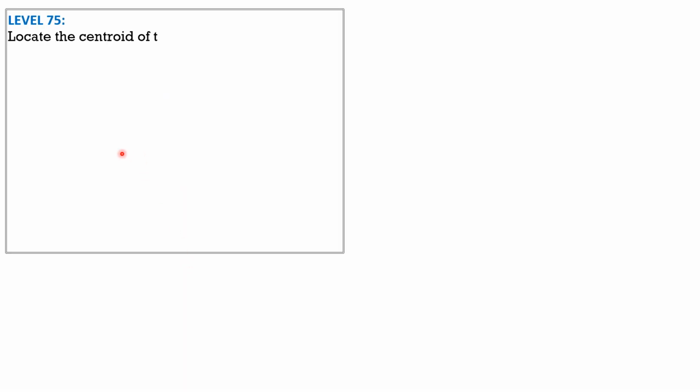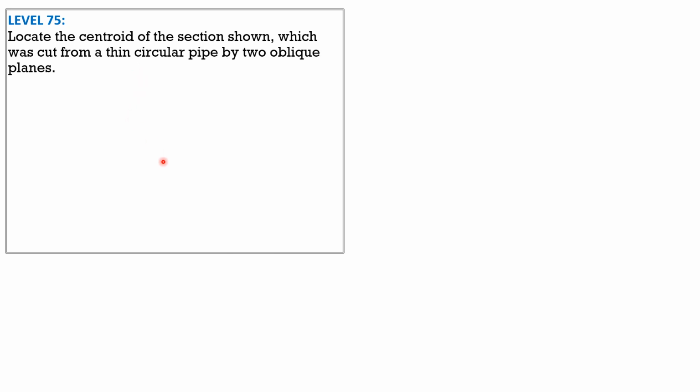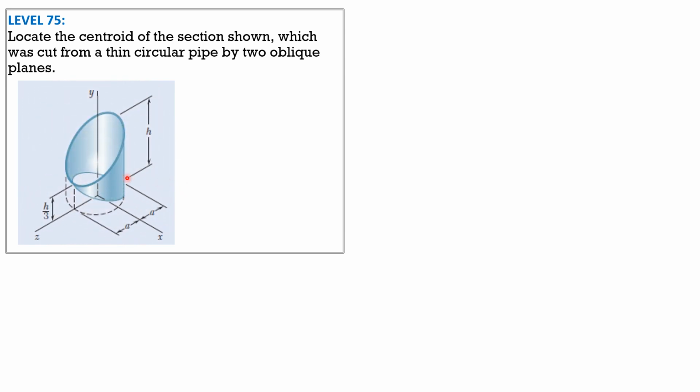Problem 75: locate the centroid of the section shown, which was cut from a thin circular pipe by two oblique planes. So this is the figure, and if we draw it from this view here, from the x-axis, so that we can analyze, and since we already know the location of the centroid of this type of section, then it's no longer a problem.